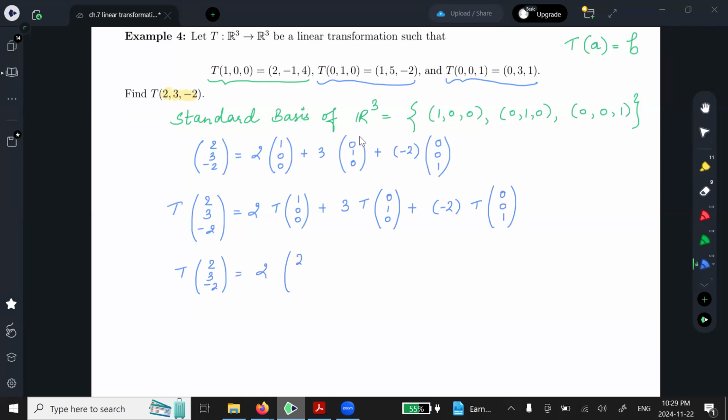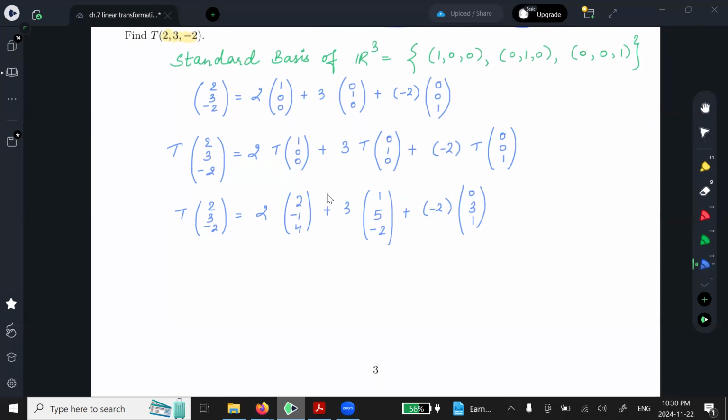So for the image of this vector, I'm just going to plug in the values here. The first image was 2, -1, 4. I'm going to apply matrix operations here, so we are doing the scalar multiplication. Think of it as a column matrix. It's a vector, and 1, 5, -2 plus -2 times 0, 3, 1. So do a little bit of math here.